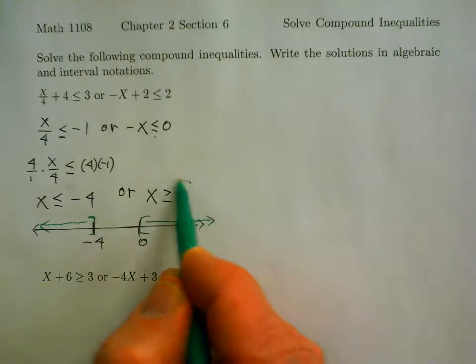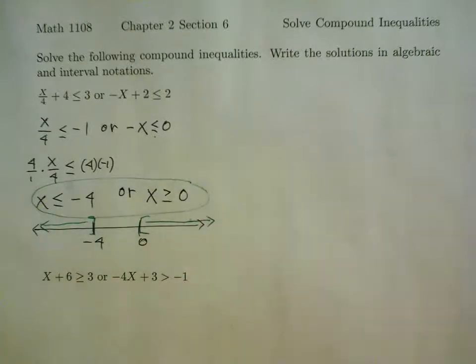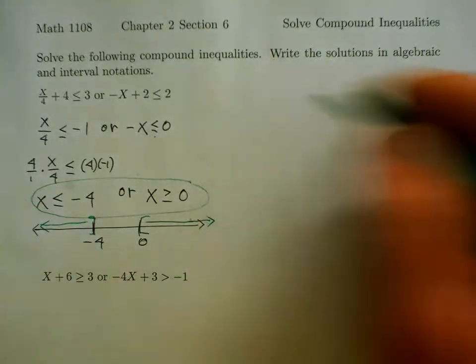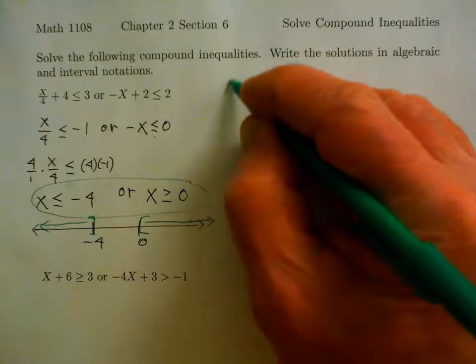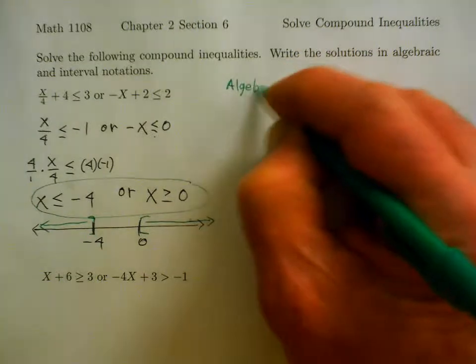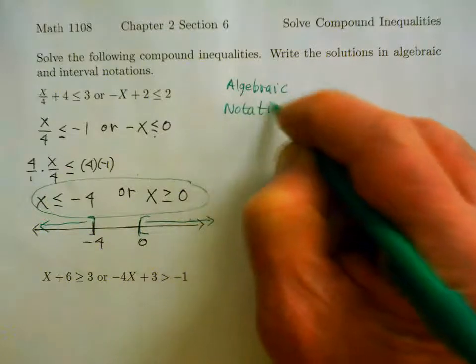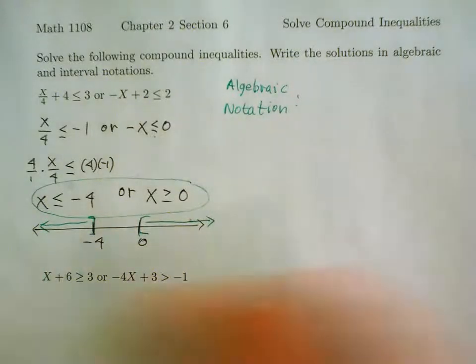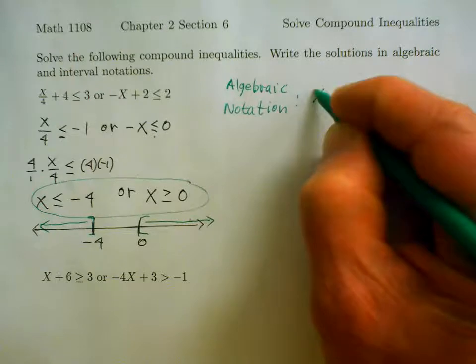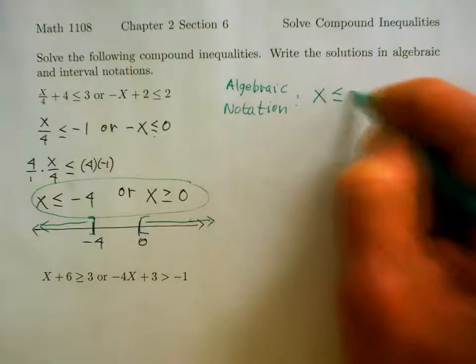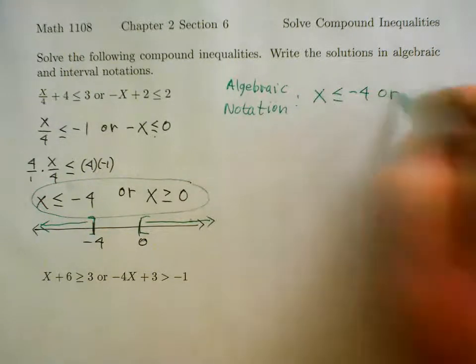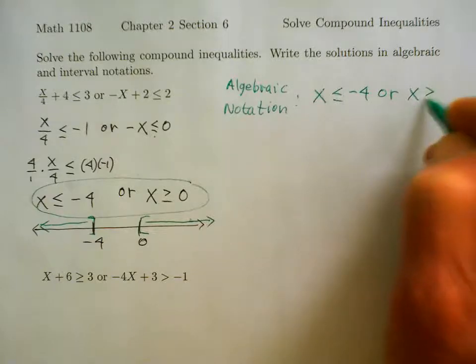The algebraic notation, we've already found that. I'll go ahead and rewrite it. The algebraic notation for the solution is x less than or equal to negative 4, or x is greater than or equal to 0.